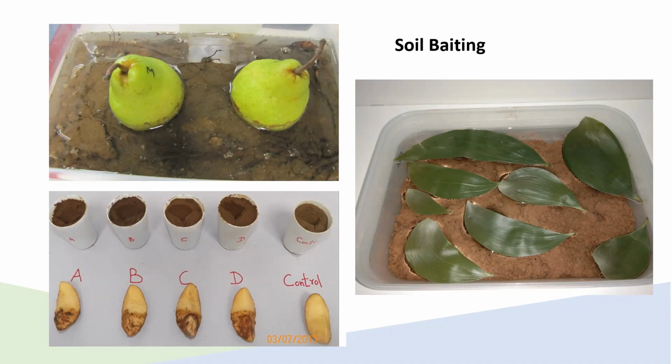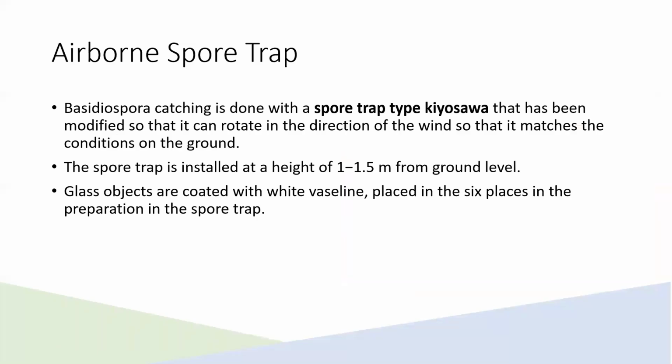After that, you place the bait on the surface of the water or in the water. You can use a pear fruit, potato, leaf, and others. It is also open for other research to find what kind of leaf is effective for baiting some pathogens.